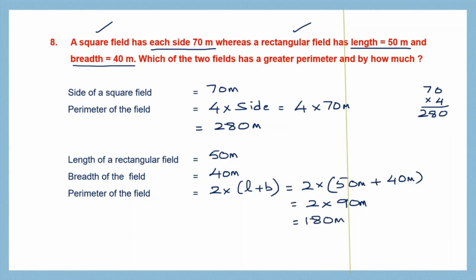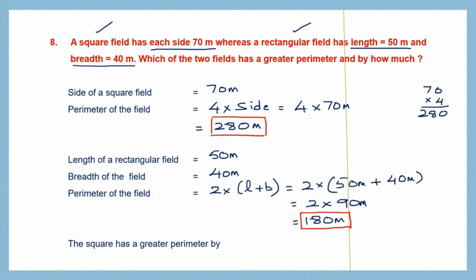The perimeter of the rectangular field is 180 meters and perimeter of the square field is 280 meters. So we can see that the square field has a greater perimeter. Okay, so the square has a greater perimeter.